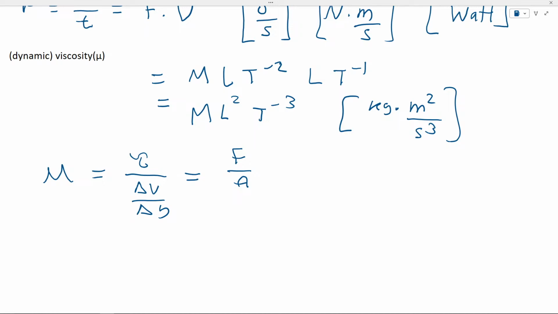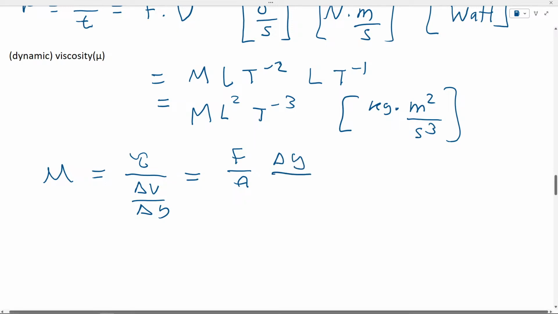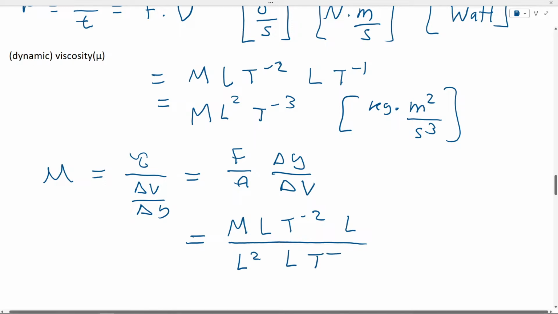If we want to find the dimension, force is mass times L T^-2, delta Y is L, area is L square, and delta V is L T^-1. So this guy will go with this guy.